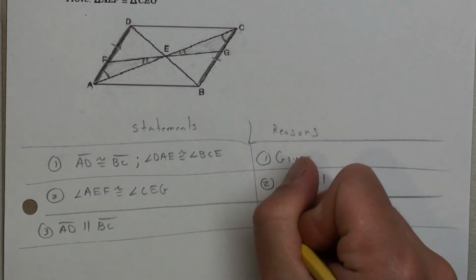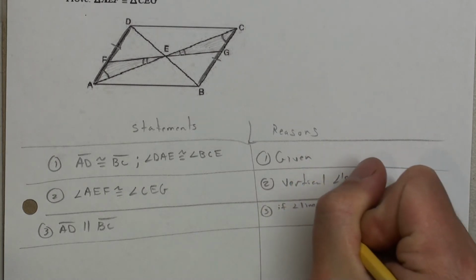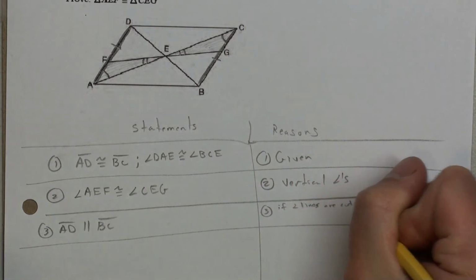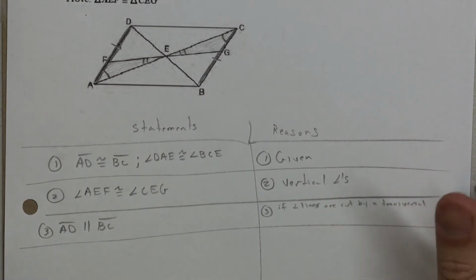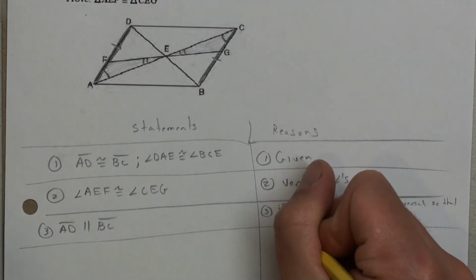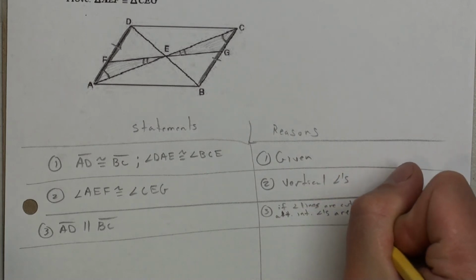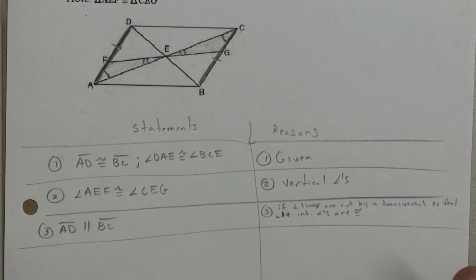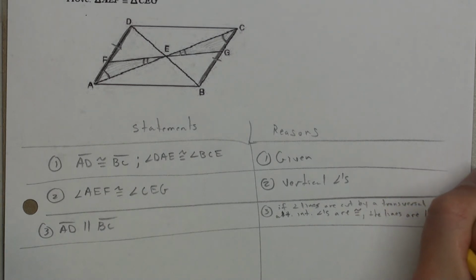And that's because if two lines are cut by a transversal, so that alternate interior angles are congruent, the lines are parallel.